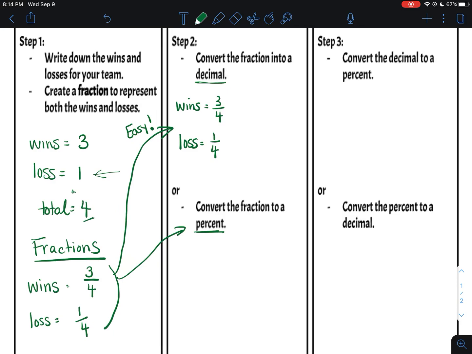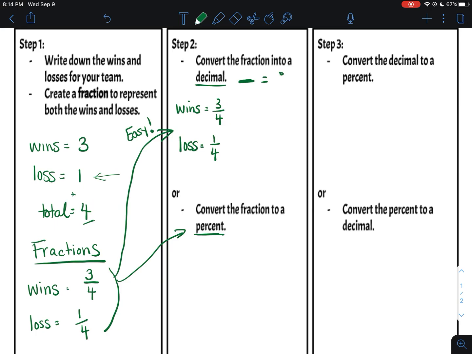The fraction bar is actually another sign for division. So the fraction bar equals division. What you want to do is divide top down, is what I always say.